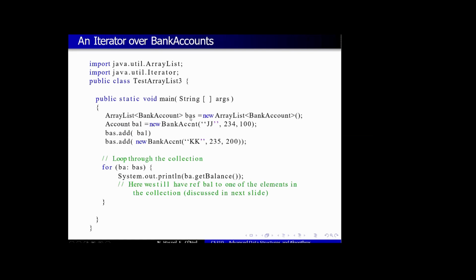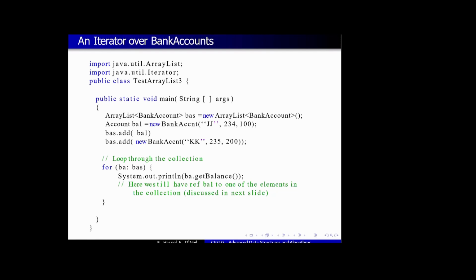So here we have the array list of bank accounts. And we can loop through and get the balances. Okay, so as we go through it, of course, we have reference to elements in the collection.